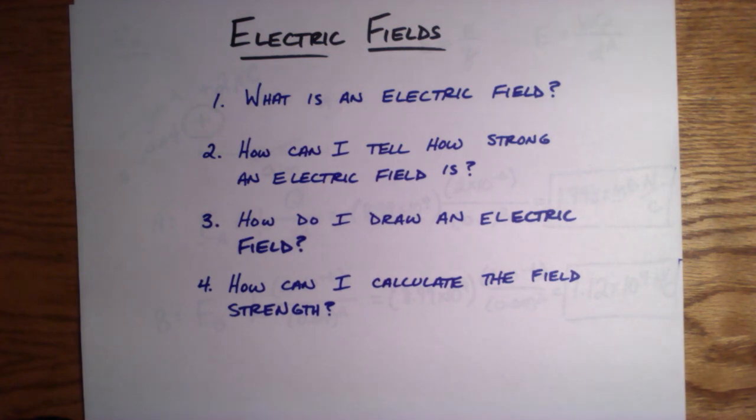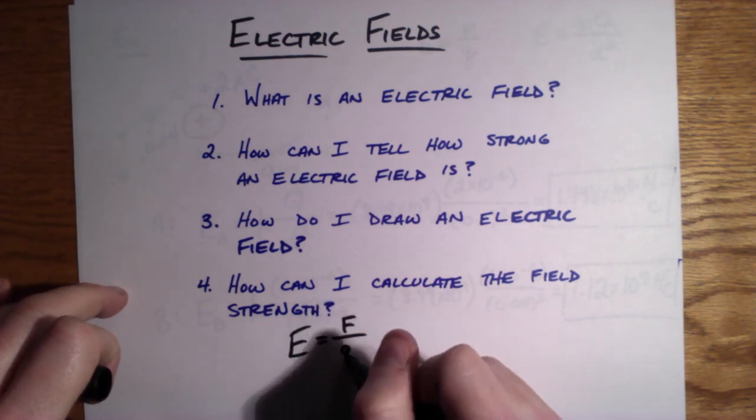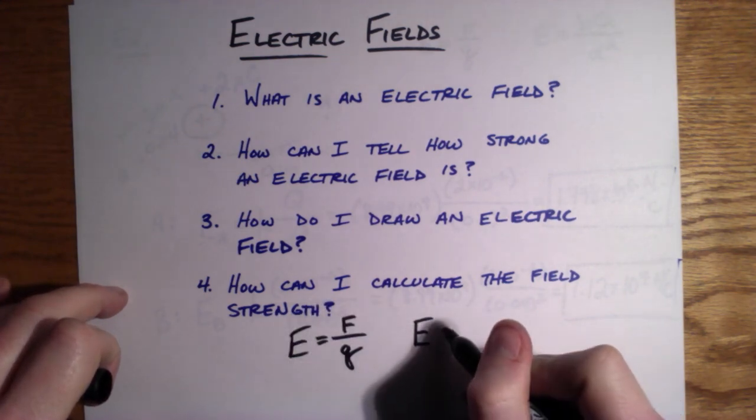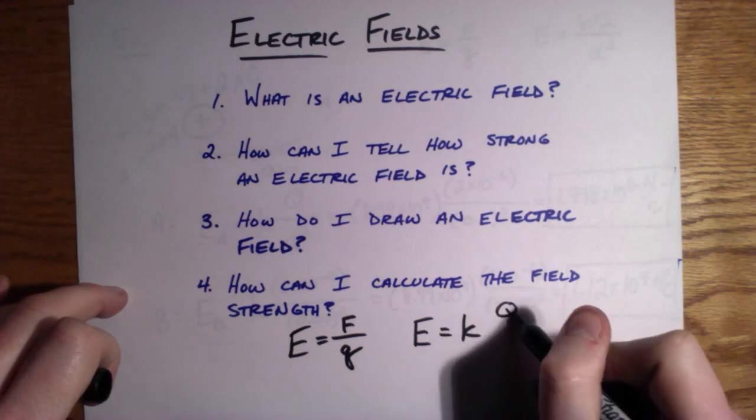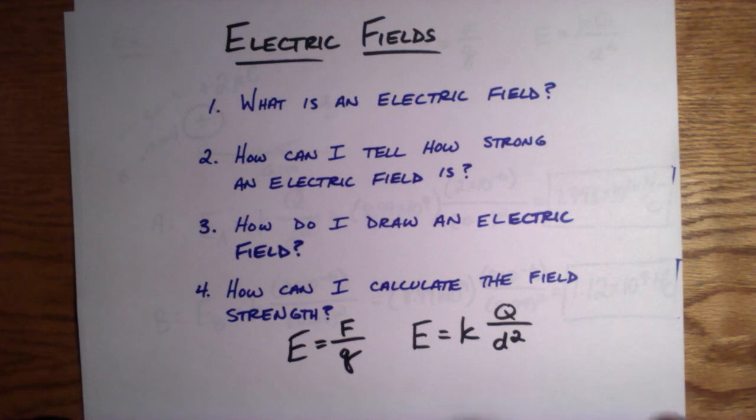And I can calculate the field strength of any charge using my electric field strength equation. Either E is equal to the force over the charge, or the electric field strength is equal to Coulomb's constant times that source charge over the distance from that charge squared. So, 4 basic questions. I hope this was helpful.